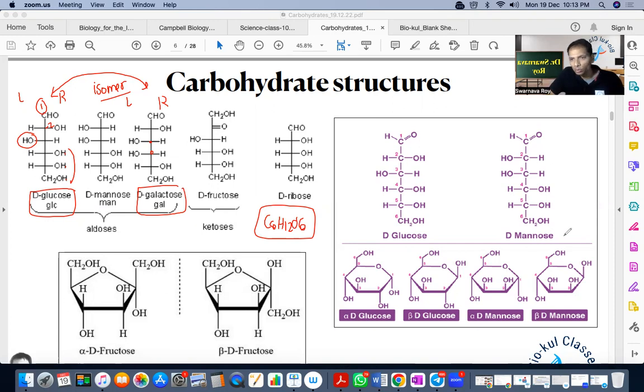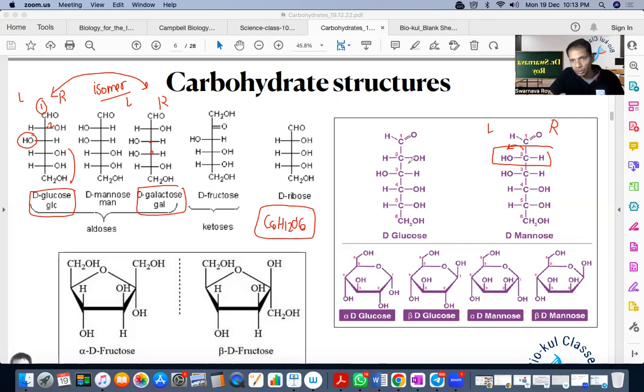Again, when you look at mannose, you see the second hydroxyl is flipped on the left side, right? Other things are just like glucose. The only difference is this part. You see, in case of mannose, the second hydroxyl is flipped on the left side.